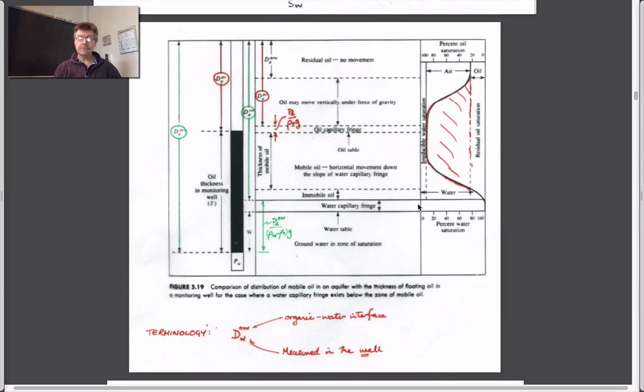So this is the same kind of diagram for a lighter than water fluid, floating oil. This is the amount that sits on top of the water table. This is water. Above this you have the oil table that goes up to some place around here. The oil table would be at some location. And so if you look here, this would be the amount of gasoline. This would be the smear of gasoline in the chimney.